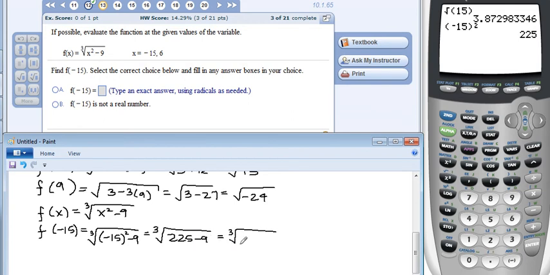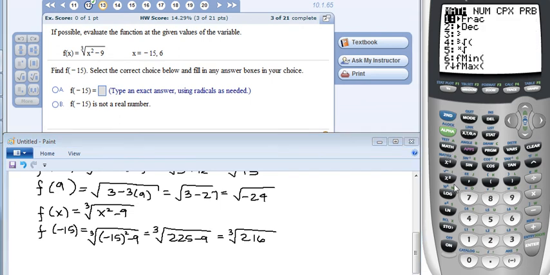And then we're going to take the cube root. So that's 216. Okay, now I'm going to see whether or not that's a nice neat number or not. So I want to go into my math key and get my cube root. I want to see whether or not 216 is a perfect cube.